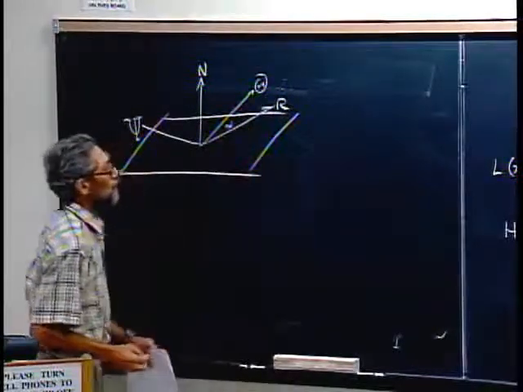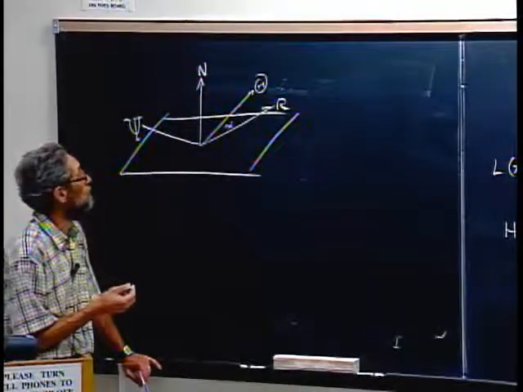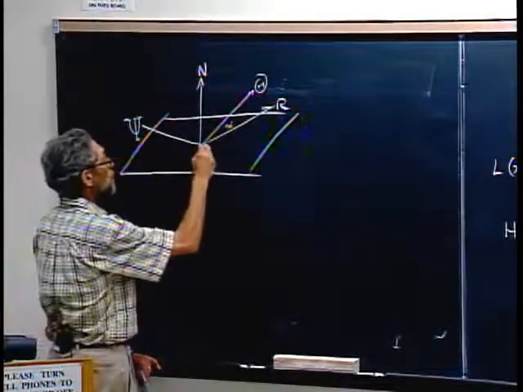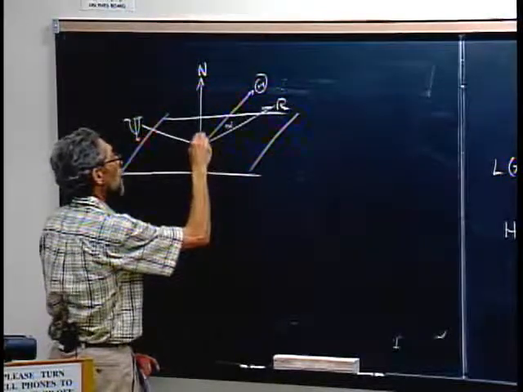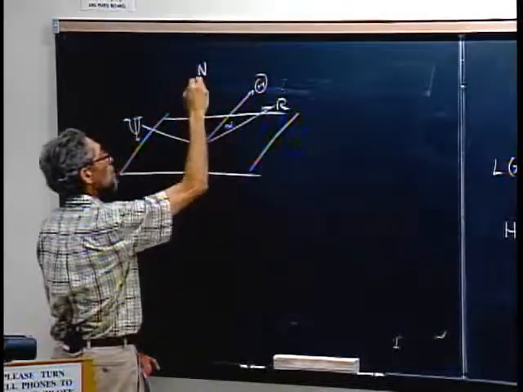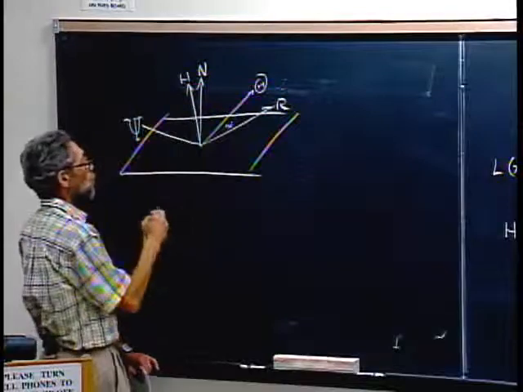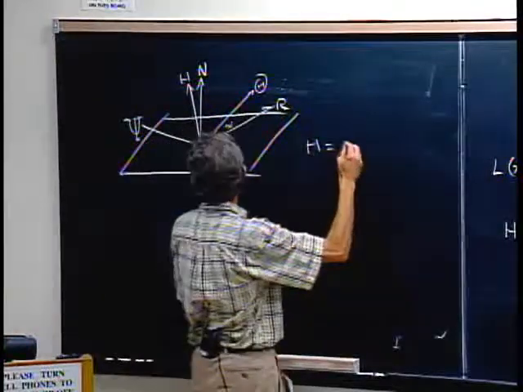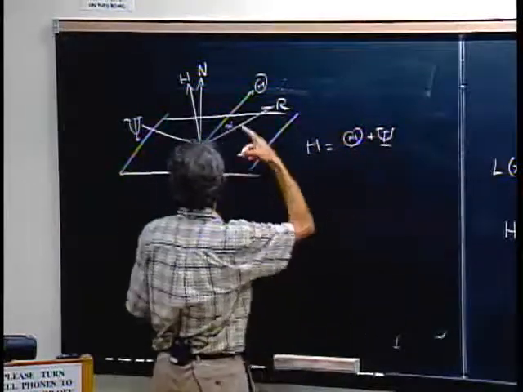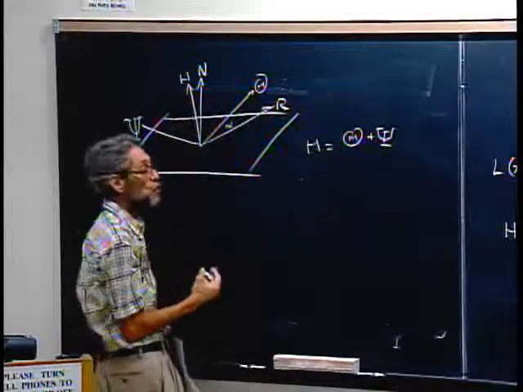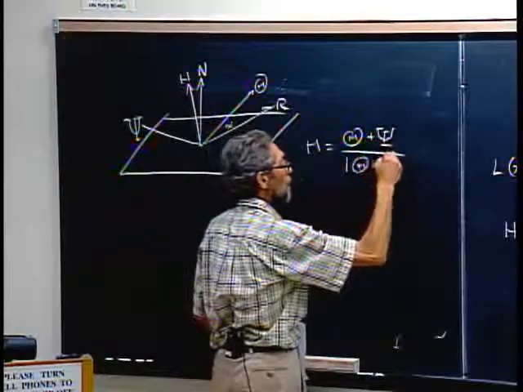So here's my difference, this alpha that I called, that I'm taking the cosine of to a power for Phong's. What Blinn proposed is to compute a vector which is halfway in between these, which he calls H. So we can just define H as the sum of these unit vectors, theta plus psi, right? That sort of parallelogram thing will get something pointing halfway in between. And then if we want to make it a unit vector, we'll just divide by its length.